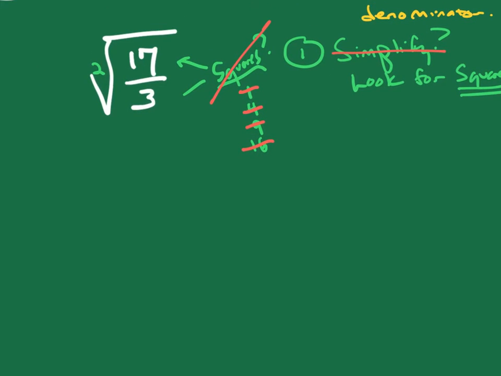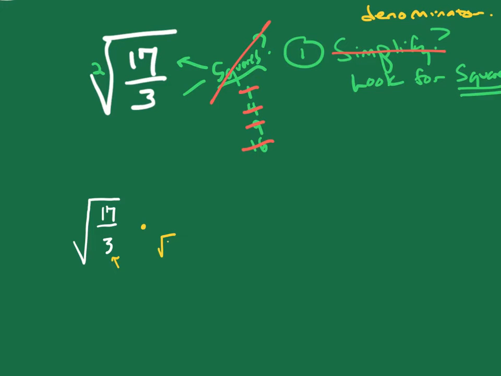Next, I'm going to rewrite this, and we'll actually go through the rationalization process. So 17 over square root of 3. And what we're going to do is, with square roots, it's fairly easy because you just basically multiply whatever the bottom number is.